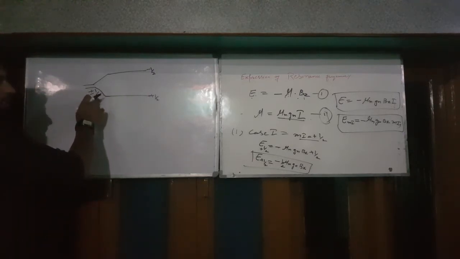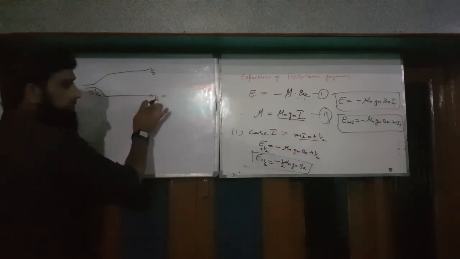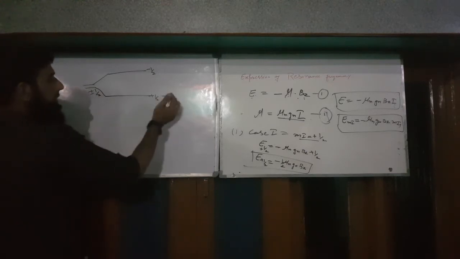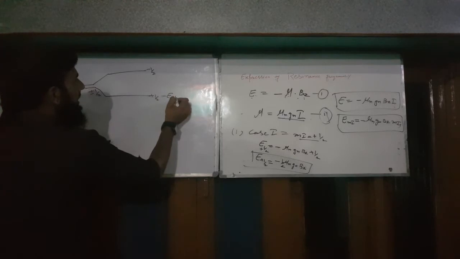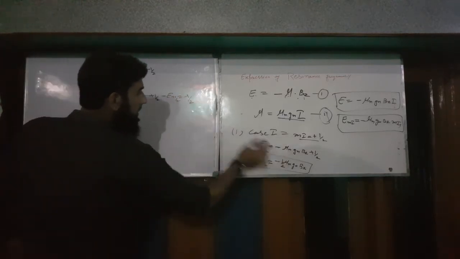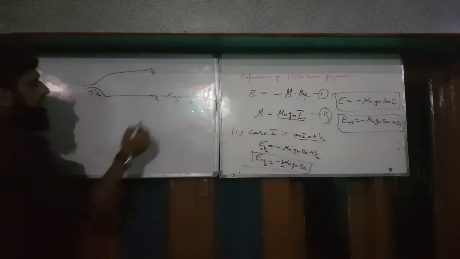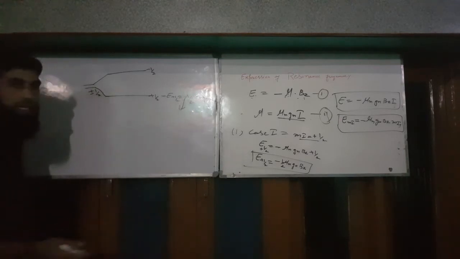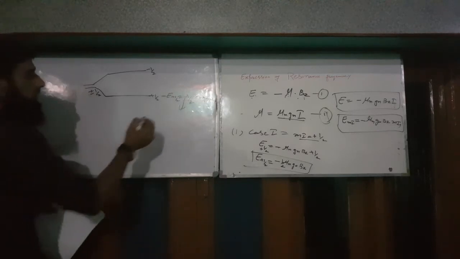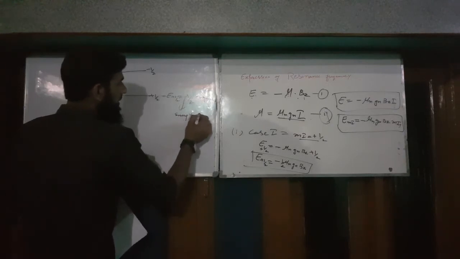And if we find the energy of the plus 1 by 2 state, the energy of this spin state is equal to minus 1 by 2 mu n Gn Bz. This minus indicates that the energy of the spin state has decreased.